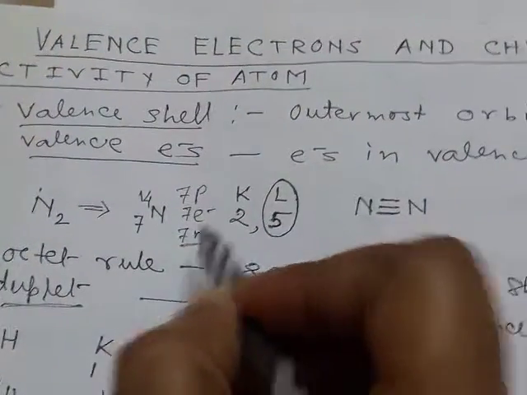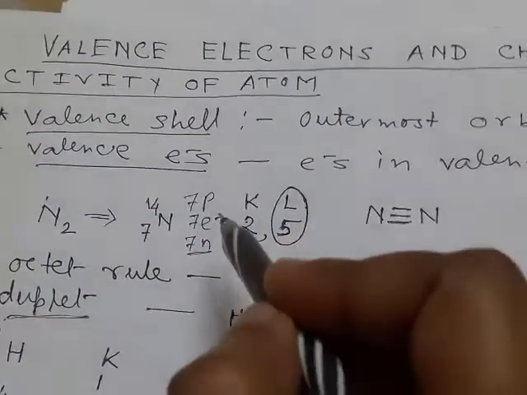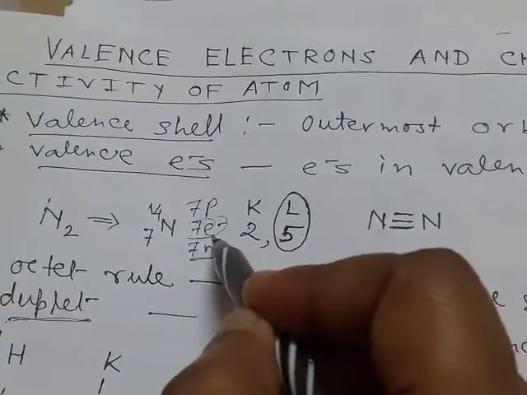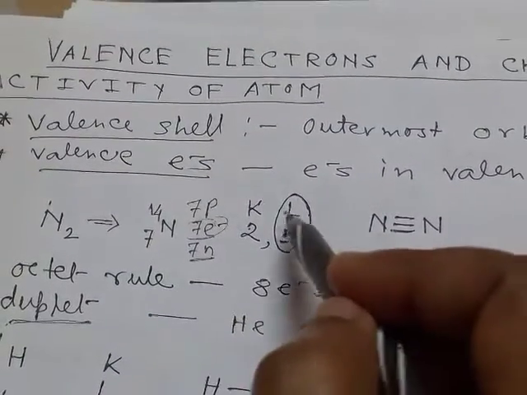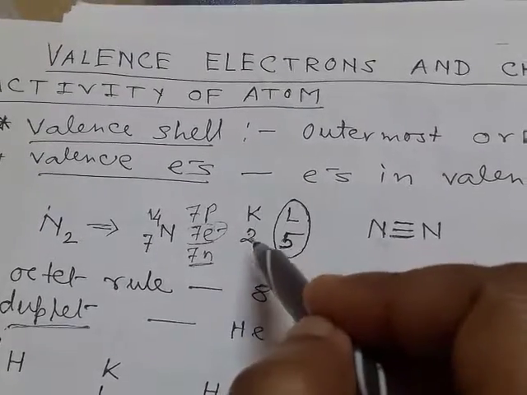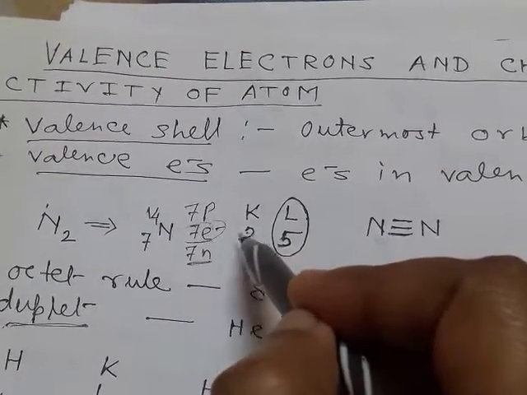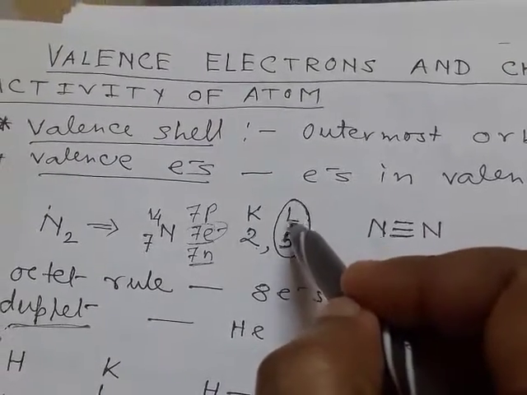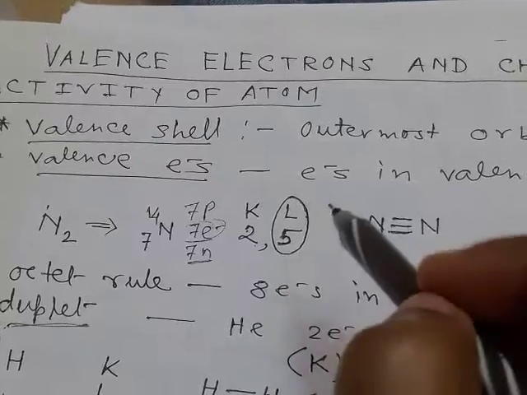Now the 7 electrons can be distributed in two shells. In the K shell, the first shell, there are 2 electrons, and in the second shell, the L shell, there are 5 electrons.